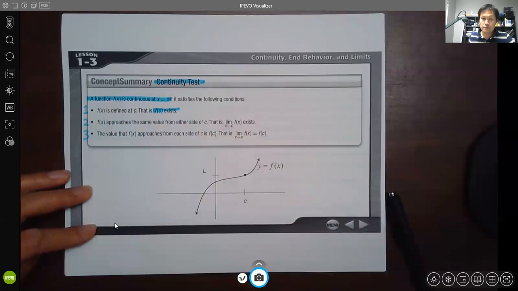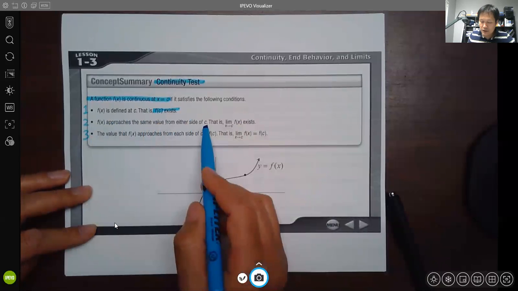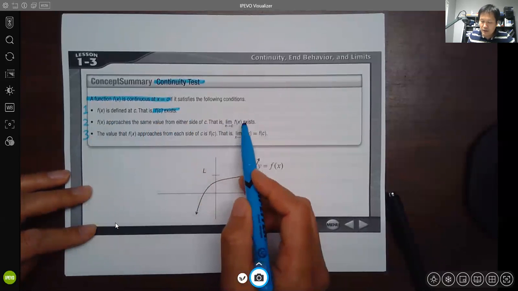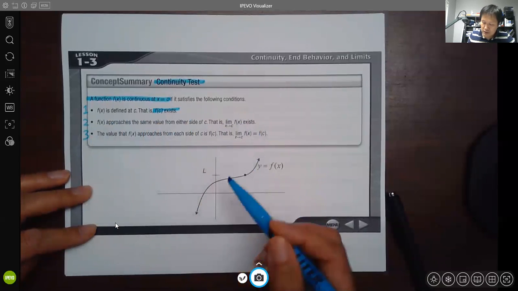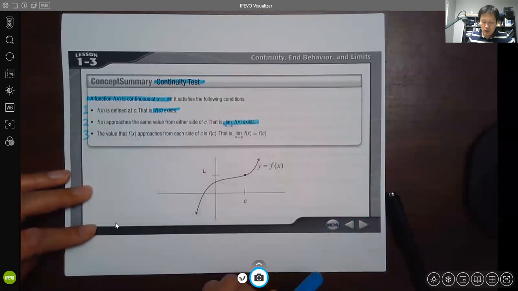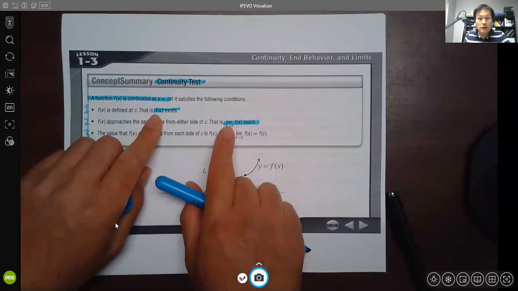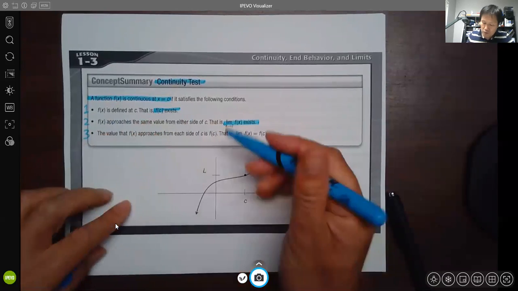Second condition: f of x approaches the same value from either side of c, that is, the limit of f of x as x approaches c exists. Limit exists. Third condition: function value and limit are equal to each other.